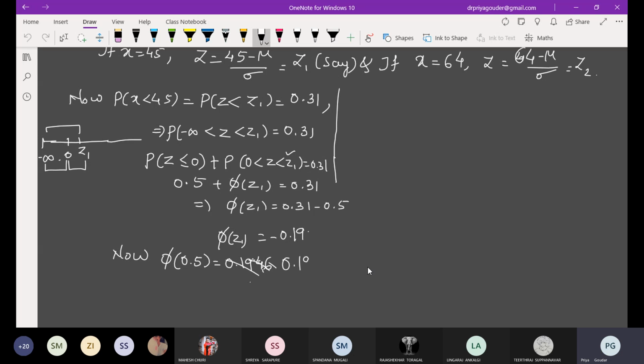See, phi of Z1 is minus 0.19 and phi of 0.5 is 0.1914. Compare these two and tell me, can you tell me what is the value of Z1?